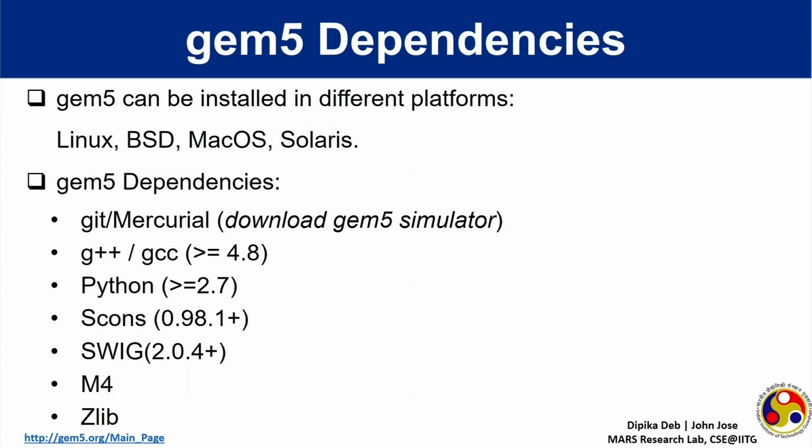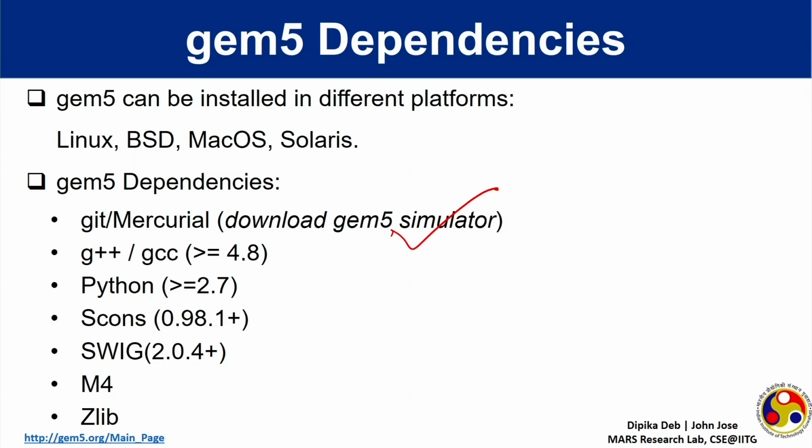gem5 is dependent on a few packages. First, gem5 can be installed on different platforms. It can be installed on Linux, BSD, Mac OS, Solaris, and it is dependent on the following packages: Git or Mercurial, which is used to clone or download gem5.